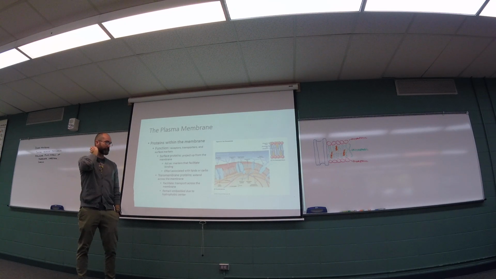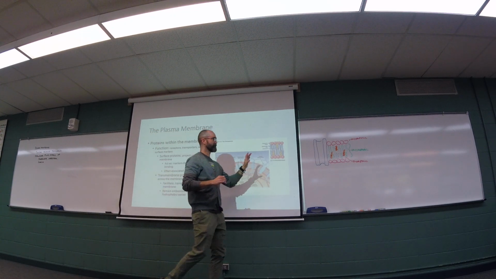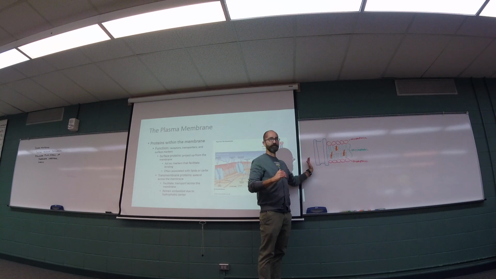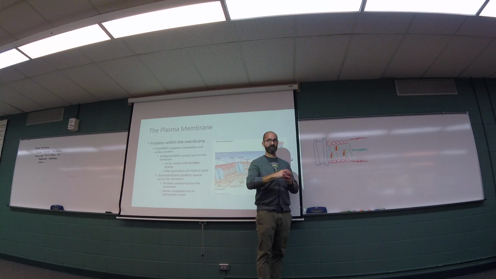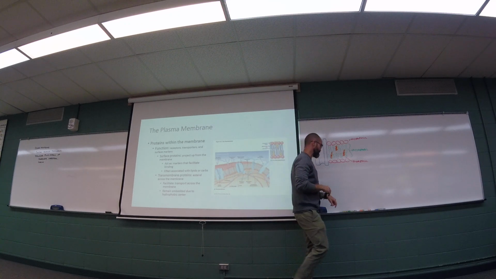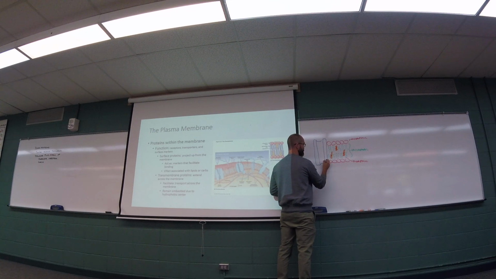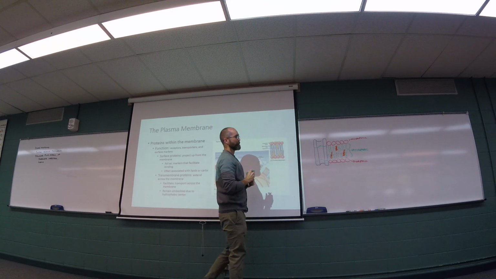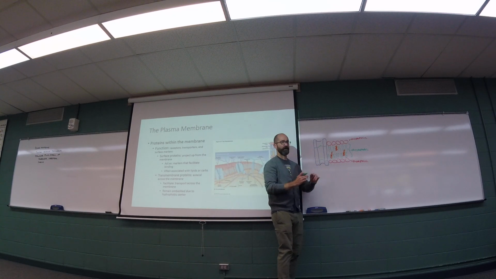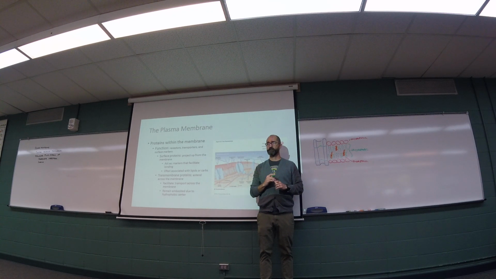Now, these transmembrane proteins have a really interesting structure because it seems possible, right, just from this drawing, for this protein to just pop right out. It could just slip right out. But in reality, that doesn't happen because the part of the protein that is embedded internally in the membrane, this part is hydrophobic, like our hydrophobic tails of our phospholipids.